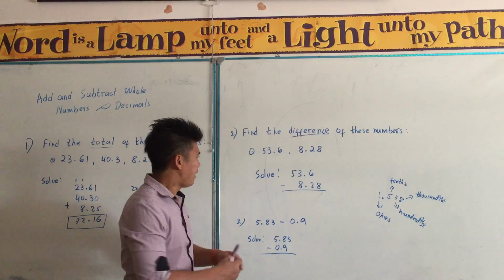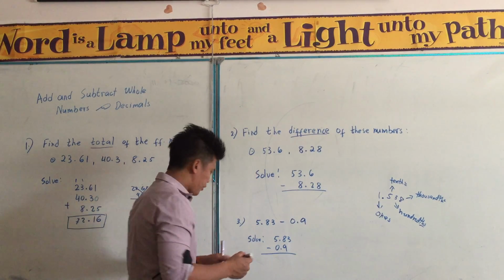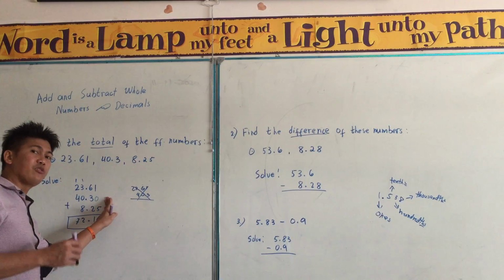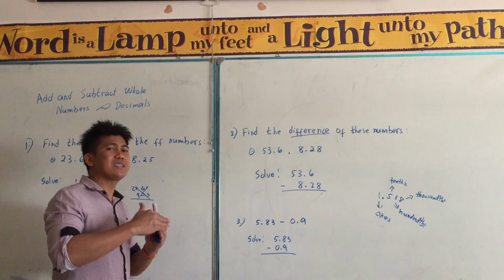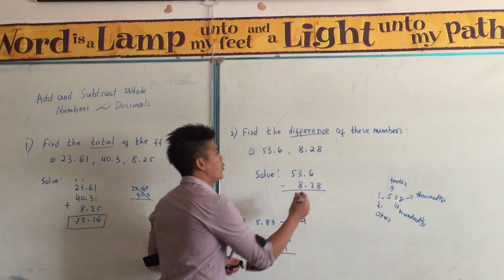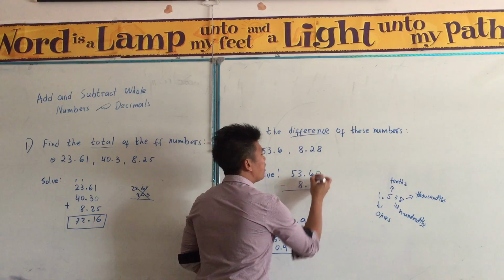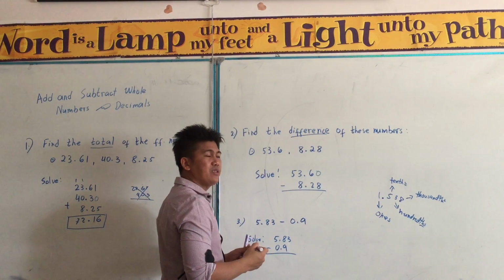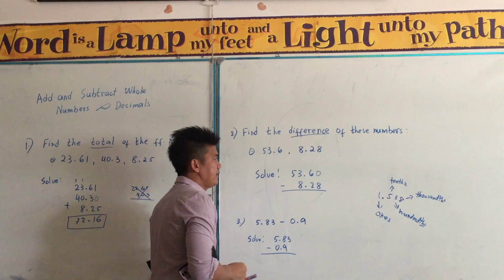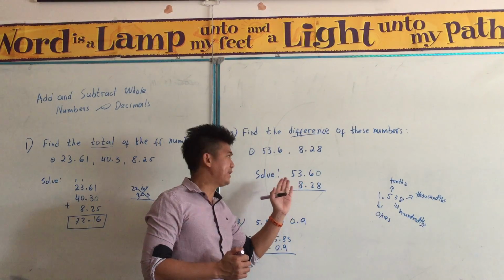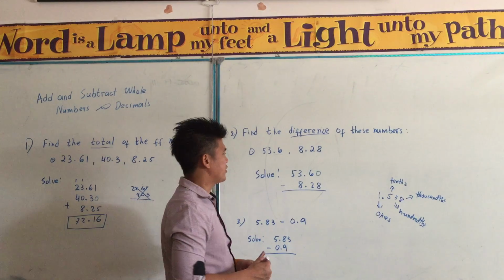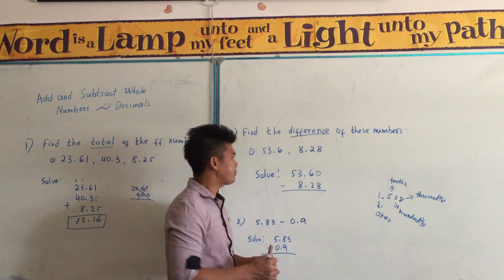Okay, now after that, then you minus as what I told you, so that you will not get confused. You just add 0 if there is a lack of numbers. So we add 0 there because there's no number there. Okay, and then now we can subtract. Let's start with subtraction.